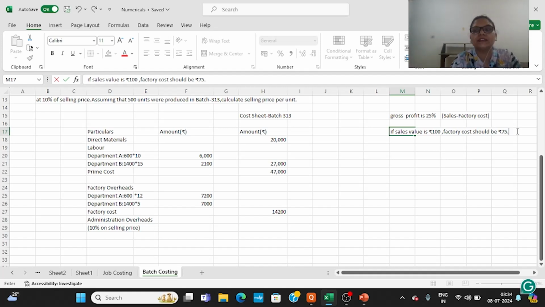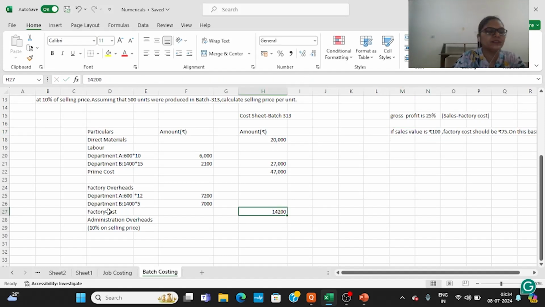So on this basis, you can say sales value, selling price is calculated as follows, which will give you 61,200. Your factory cost is coming 61,200.